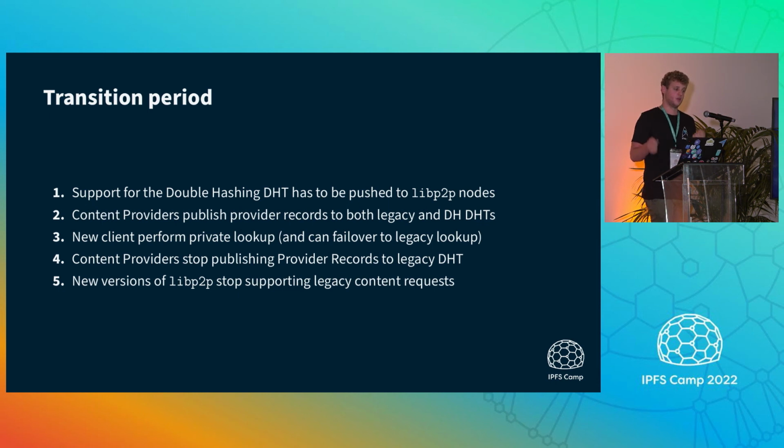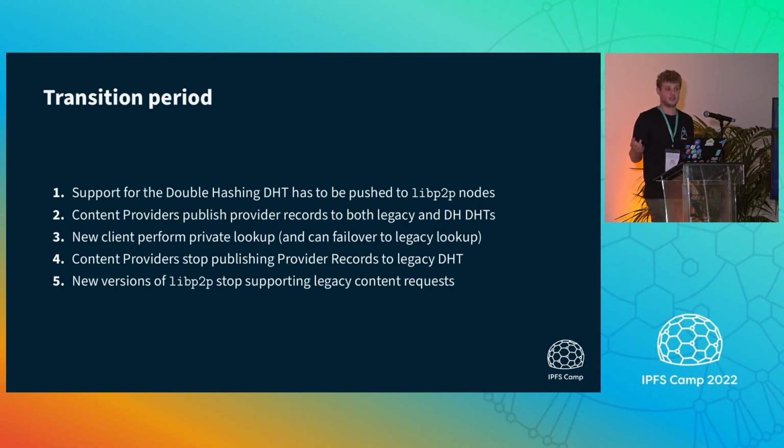Then we can ship a new client that can perform private lookups, available from the start. If the content has been published in the new private DHT, let's say on the overlay rail, you will be able to find it. But if the provider didn't publish it there, you may want to fail over to a legacy lookup. After some adoption, the content provider will stop publishing to the old DHT.